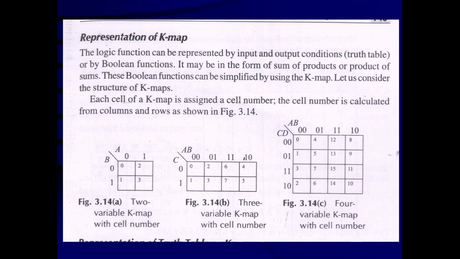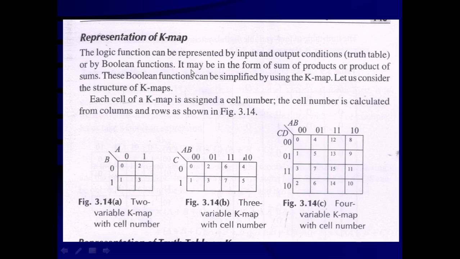That is called the truth table. That way the Boolean functions can be represented by the truth table. It can also be represented in the form of sum of products or product of sums forms.